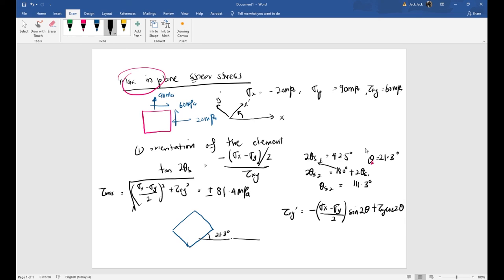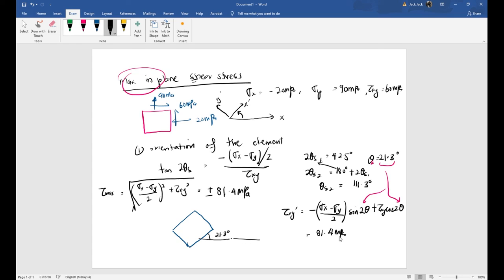Just substitute this angle, 21.3 degrees, for theta, and then take sigma x and sigma y, and substitute the values. Then you will get the solution for the new shear stress.